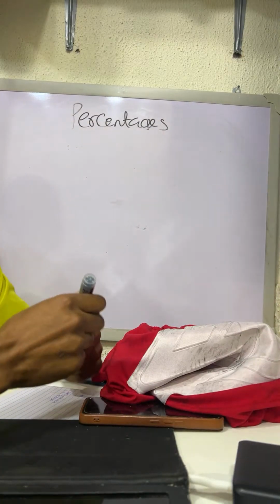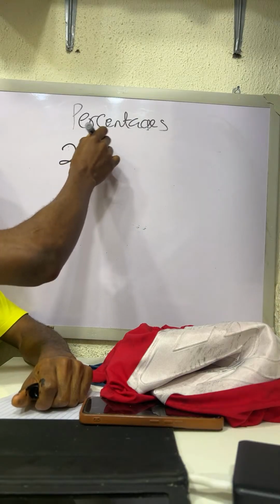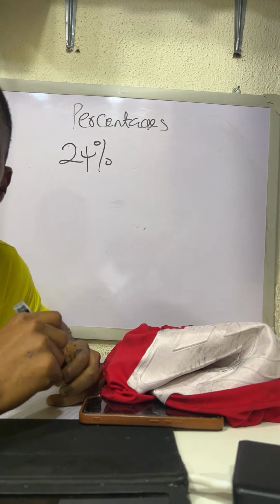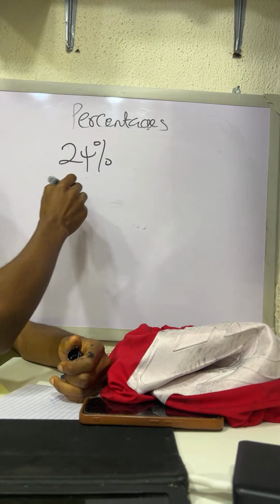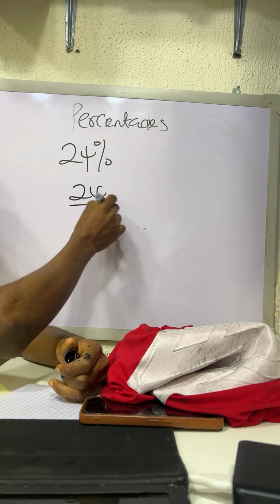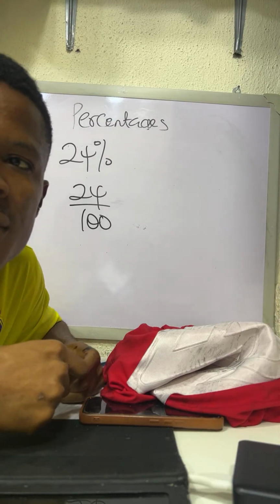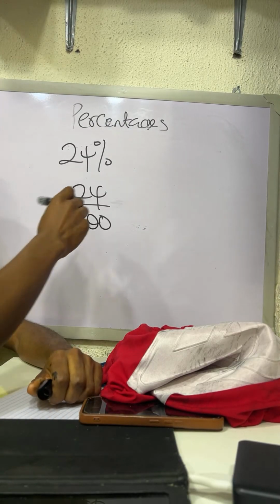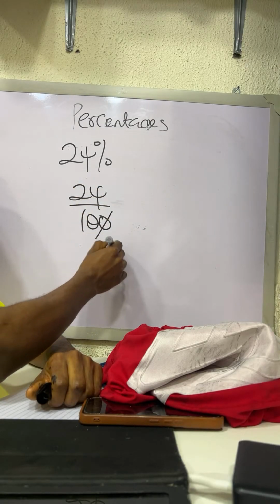So the next one we'll look at is 24%. 24% can be seen as 24 over 100, right? So how do we convert that? If you divide by 4, you have 25.